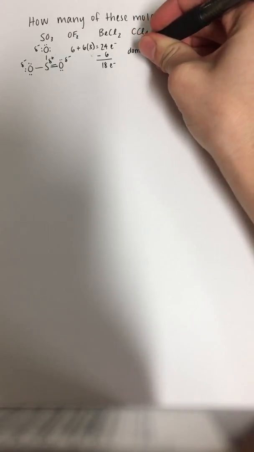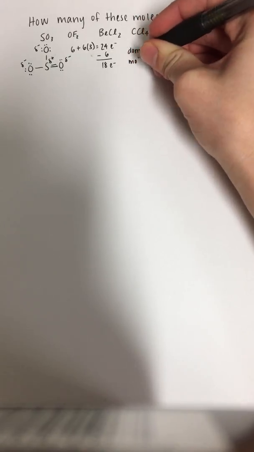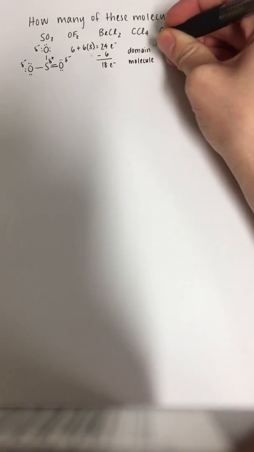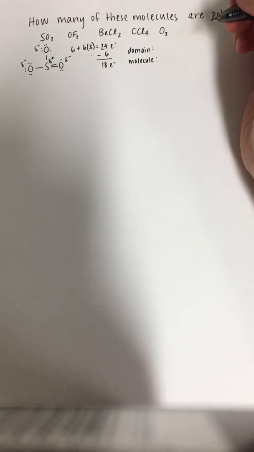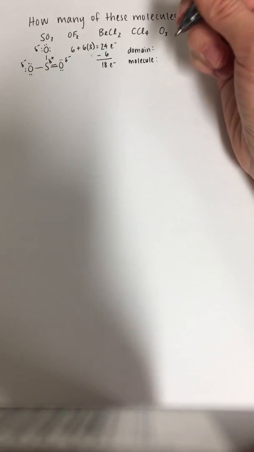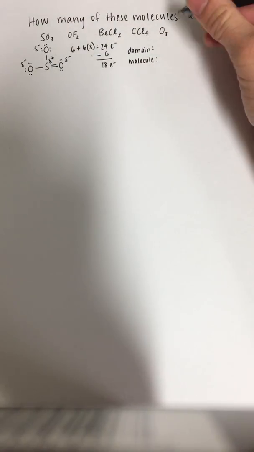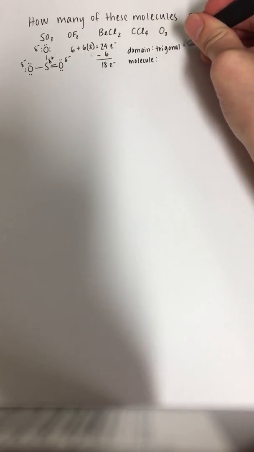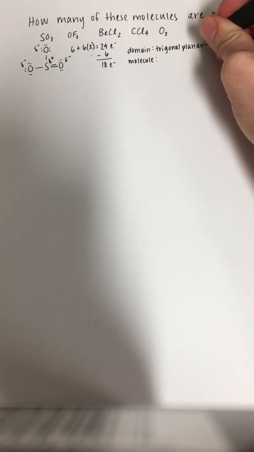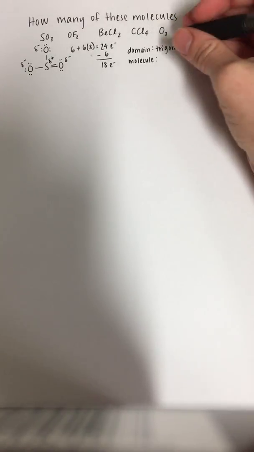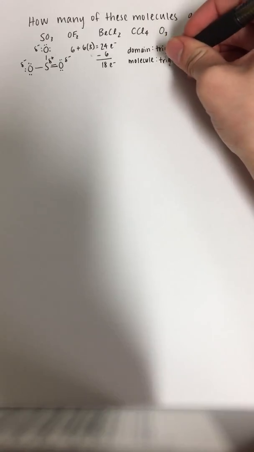We can determine the domain geometry and molecular geometry to determine whether or not the molecule is polar. Since SO3 has 3 domains, this is a trigonal planar domain geometry. Because there are no non-bonding electrons, these are all bonding, the molecular geometry is also trigonal planar.